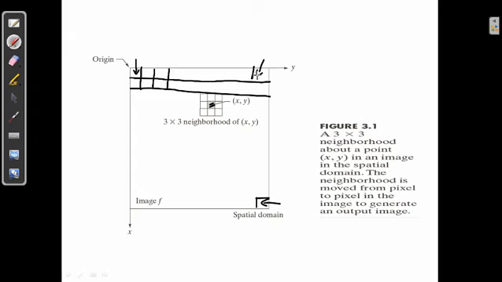After completing this pixel, the next will be this pixel. Once it completes this entire row, it goes to the next row, and so on until the nth row, and the last element would be this particular element. Clear with that? You should be very clear with this. Every time processing takes place, this is the first pixel which goes under processing, and this is the last pixel which goes under processing. Clear with that?